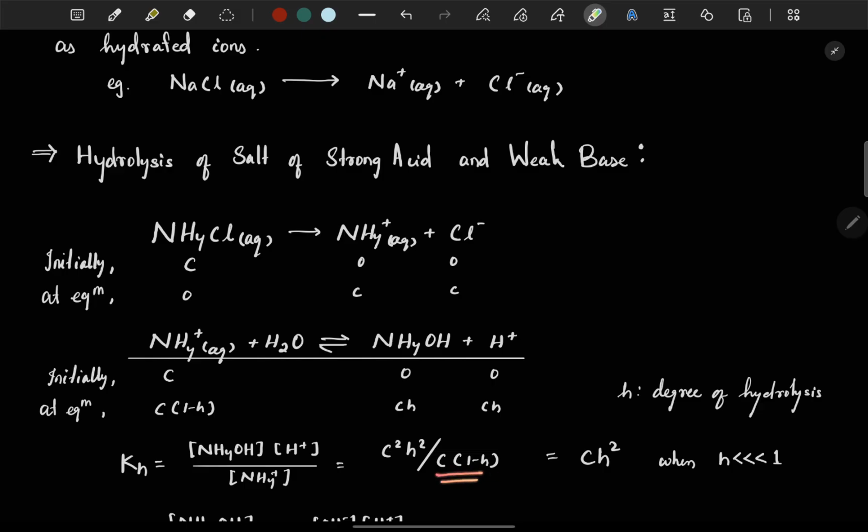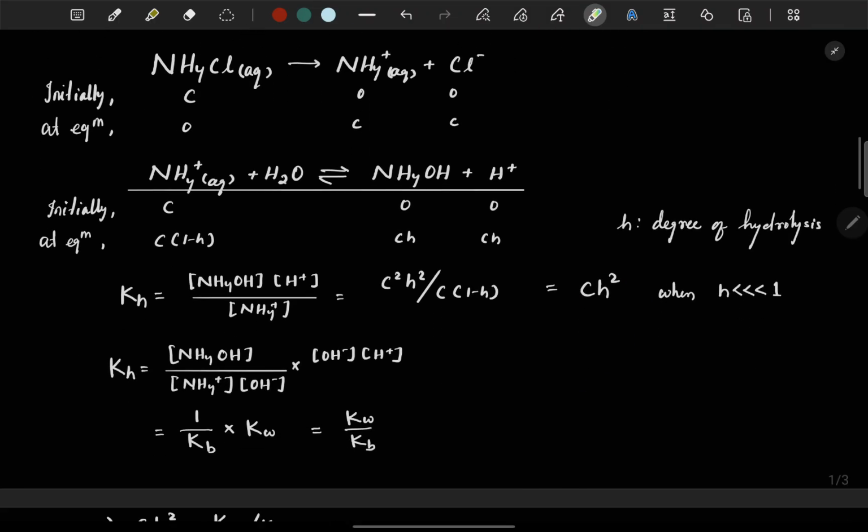So it will be C, and the value will be Ch². Again, here there is H+ ion. We can multiply and divide by the OH- ion. This value will give the value of 1 by Kb, and this value will give the value of Kw. So we can say Kh is equal to Kw divided by Kb.